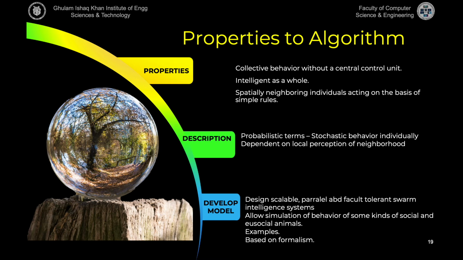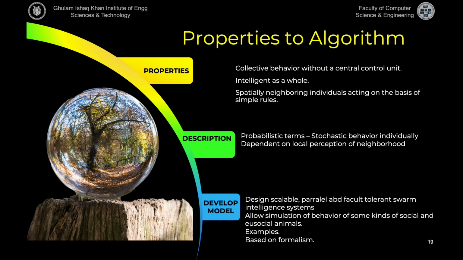This is the result of the interaction of spatially neighboring individuals that act on the basis of simple rules. Most often, the behavior of each individual of the swarm is described in probabilistic terms. So we need to use probability, and we've seen something similar done for Markov chains and Markov models. Each individual has a stochastic behavior that depends on its local perception of the neighborhood.